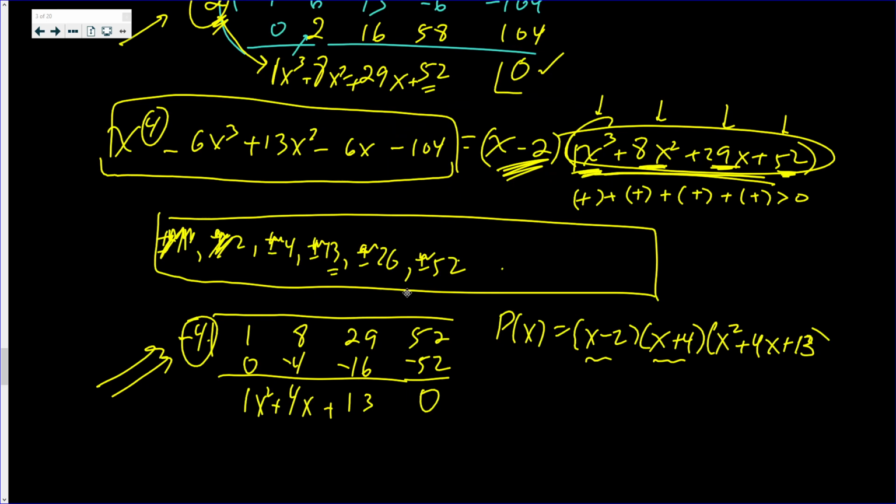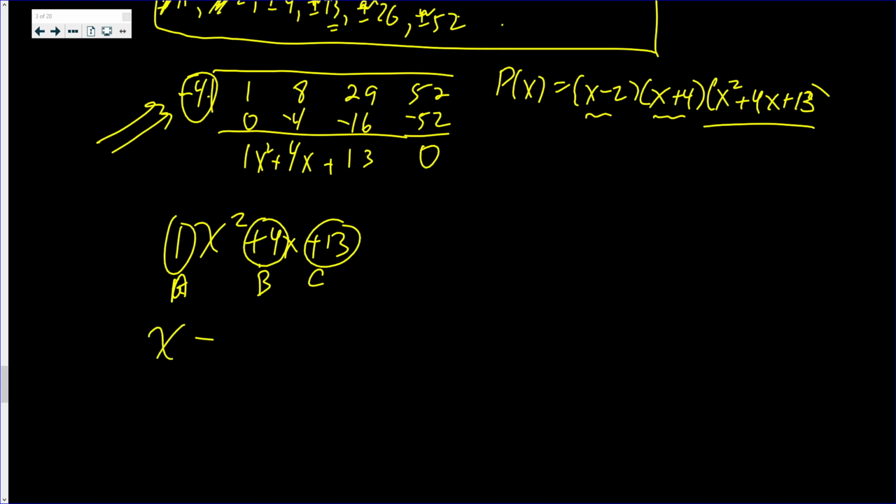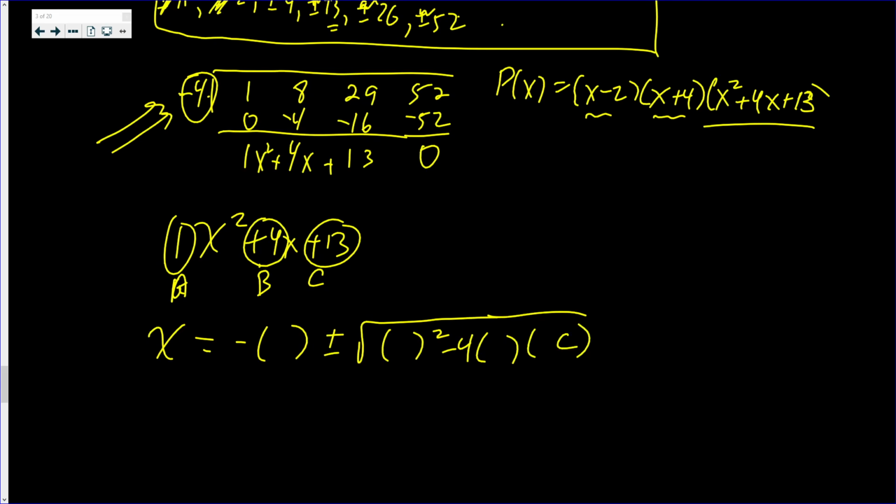Okay, so let us find the roots of x squared plus 4x plus 13. So a is 1, b is what x is being multiplied by, and c is the constant. And a is what x squared is being multiplied by. So x is negative b plus or minus the square root of b squared minus 4 times a times c all over 2 times a.